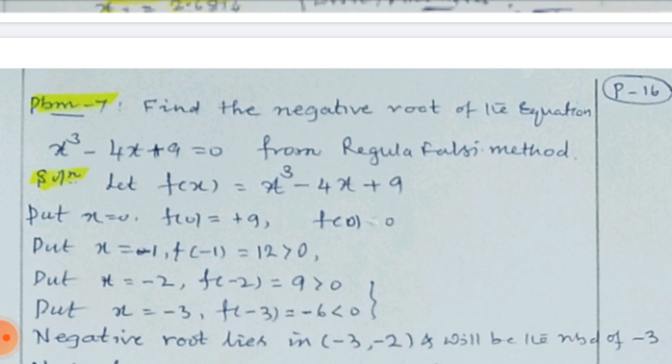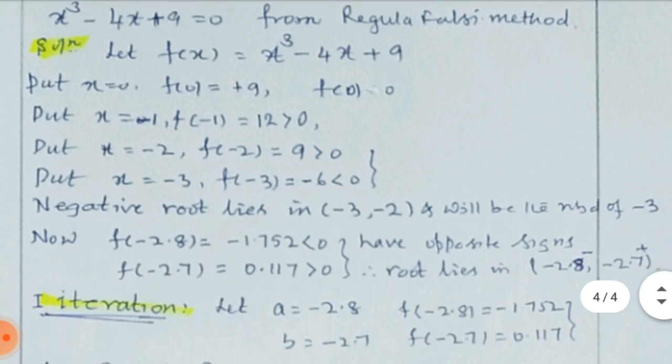Put x is equal to minus 1, f of minus 1 is equal to 12, greater than 0. Put x is equal to minus 2, f of minus 2 is equal to 9, greater than 0 once again. Put x is equal to minus 3, f of minus 3 is equal to minus 6, less than 0. So these two have opposite signs. Therefore, the real root lies between minus 3 and minus 2.